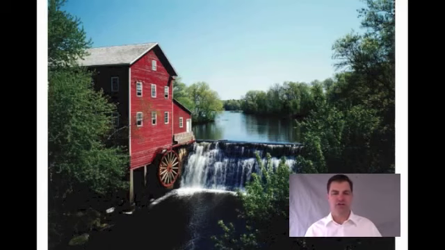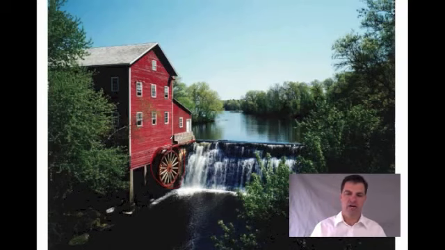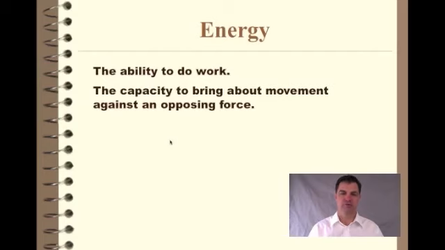So you see in this picture here an example of how you can use water, for example, to turn this wheel here, and then you can use that to produce electricity and that kind of thing using the water moving from a stream in this case, or a river.